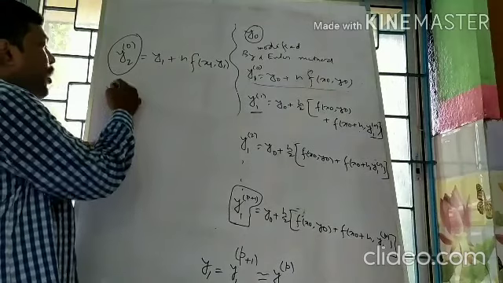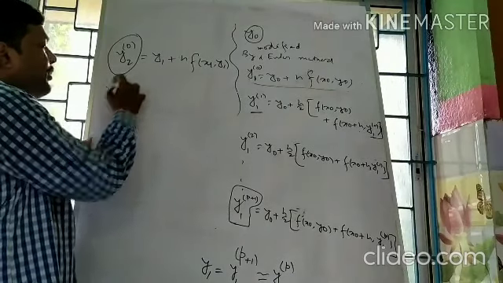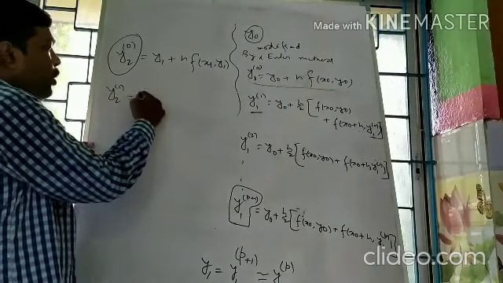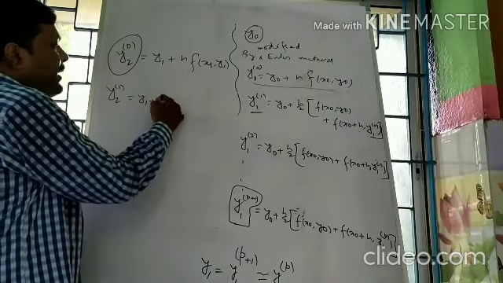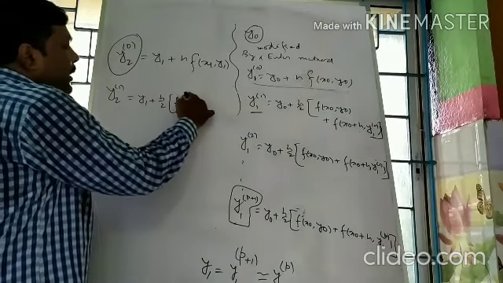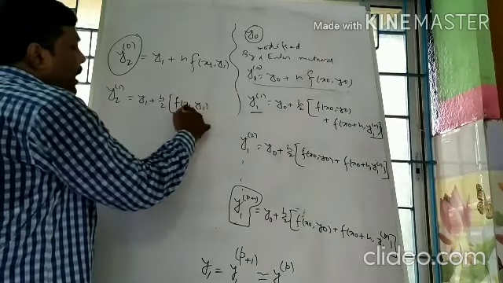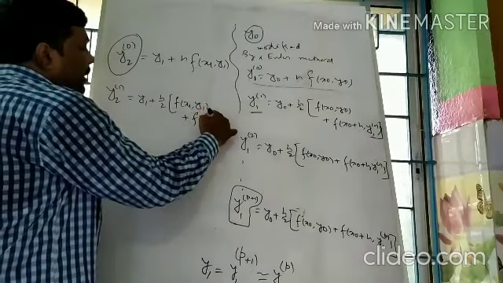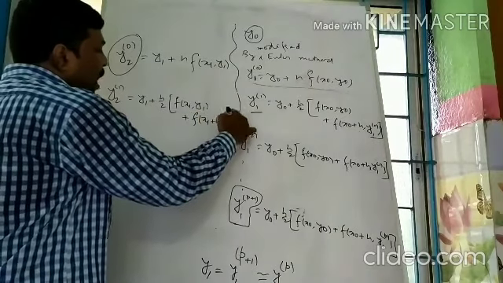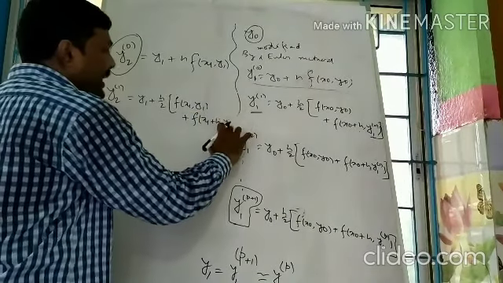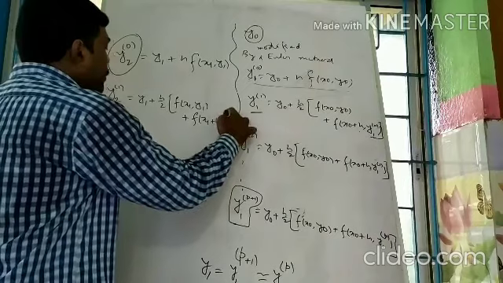Then y2(1), the first approximation of y2, equals y1 plus h by 2 times [f of x1, y1 plus f of x1 plus h, y2(0)].